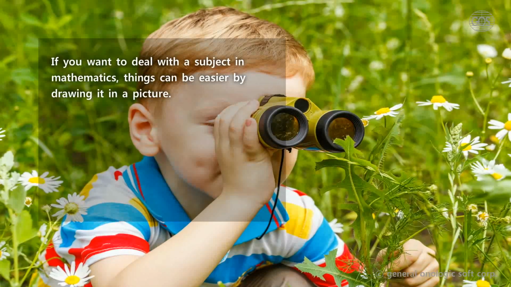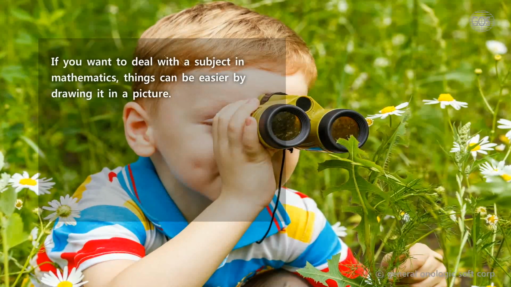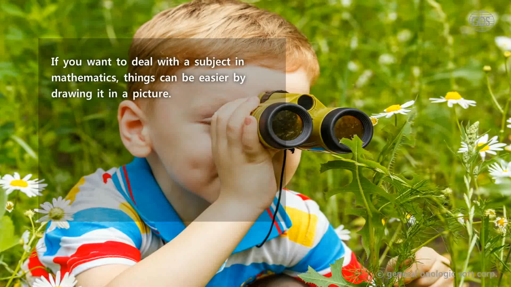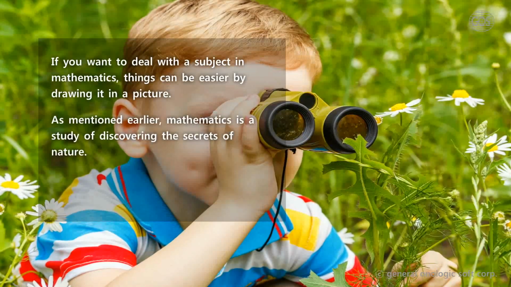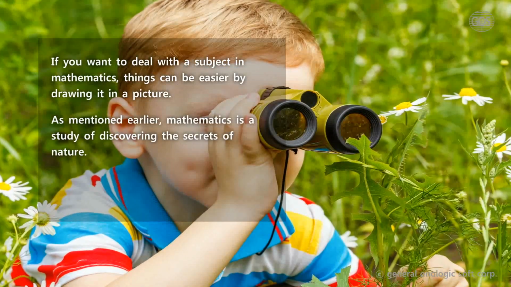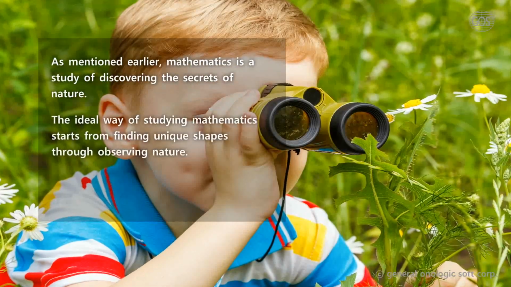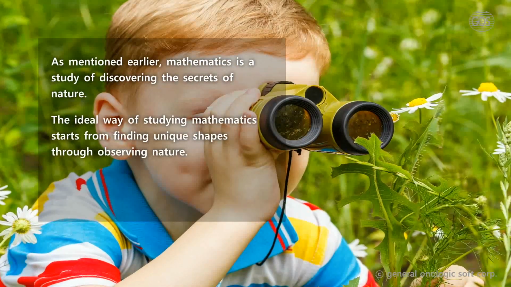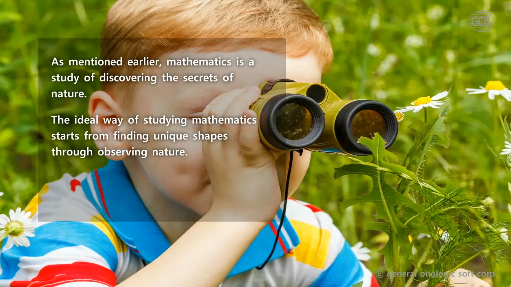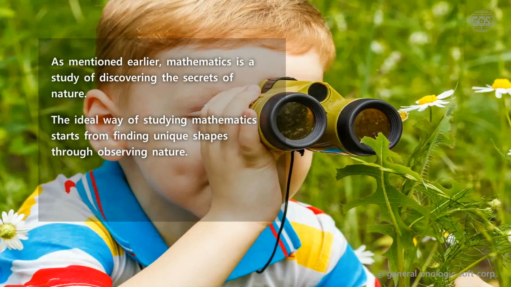If you want to deal with a subject in mathematics, things can be easier by drawing it in a picture. As mentioned earlier, mathematics is a study of discovering the secrets of nature. The ideal way of studying mathematics starts from finding unique shapes through observing nature.